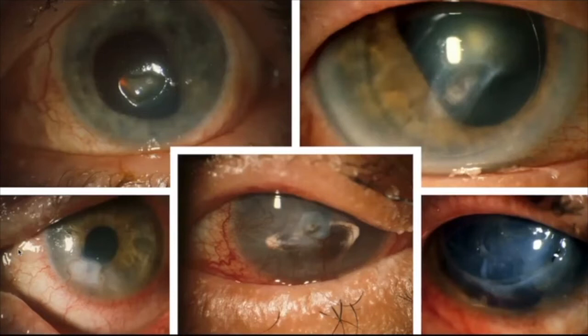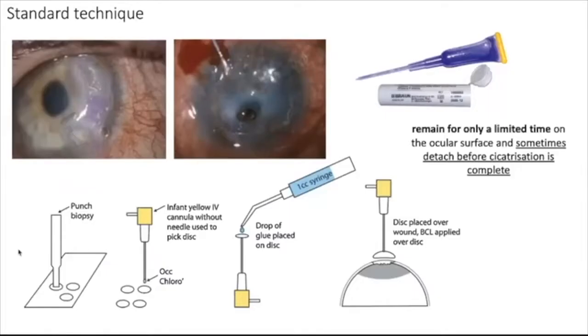Instead, if you have a somewhat larger perforation where there is an iris plugging, normally we used to use glue a lot. As you can see, the technique is also in the drawing below.